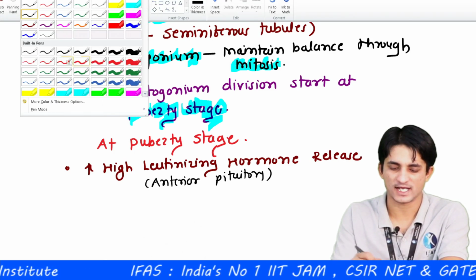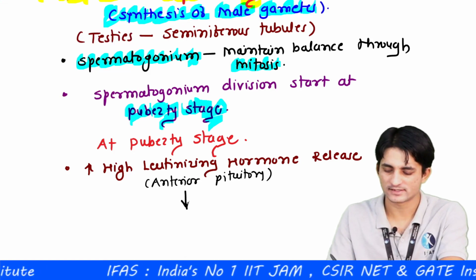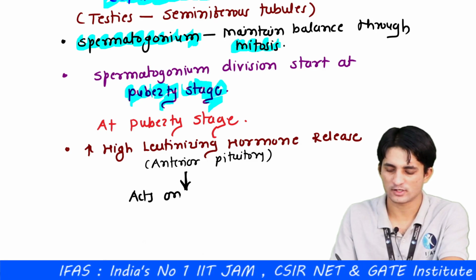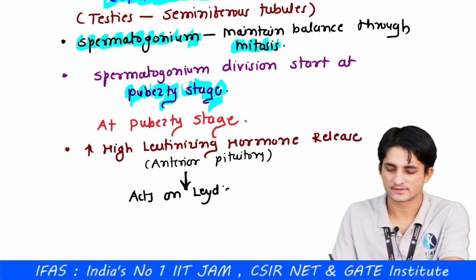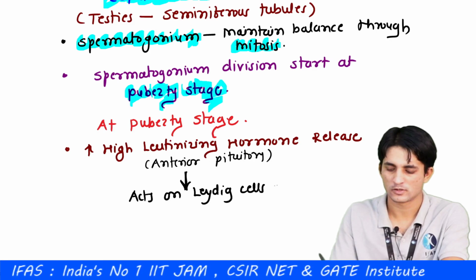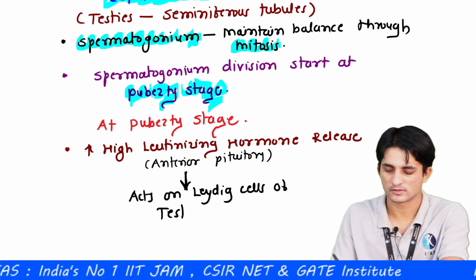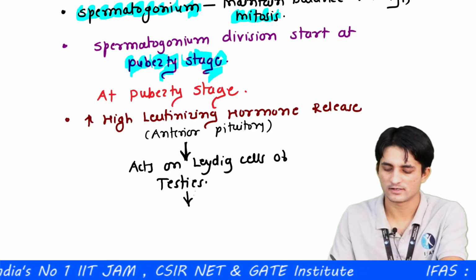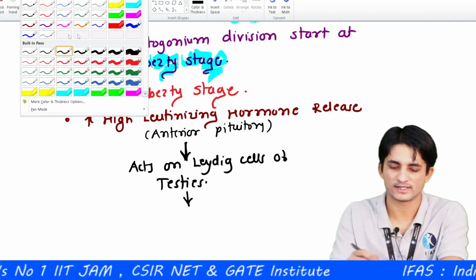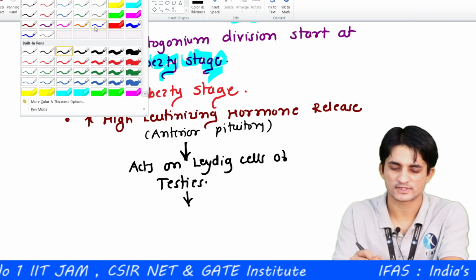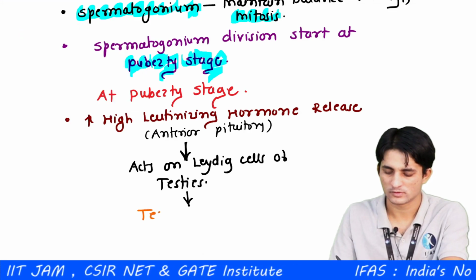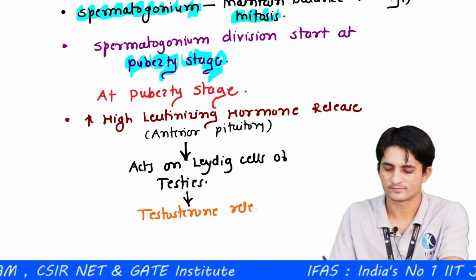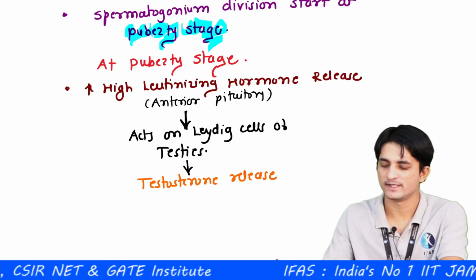This luteinizing hormone activates Leydig cells of the testes, and these Leydig cells, after activation, release testosterone.